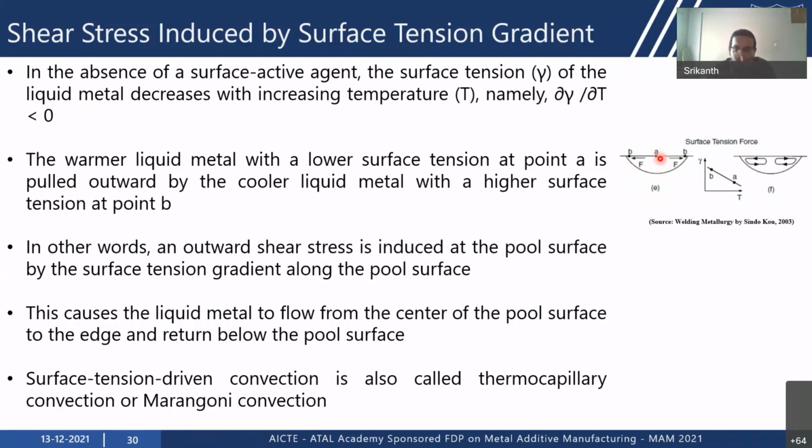This will cause the liquid metal to flow from the center towards the pool surface and then return beneath the pool surface. You can see that the liquid metal flows from the center towards the pool boundary and then flows back beneath the pool surface. The surface tension driven convection is also called Marangoni convection or thermocapillary convection.